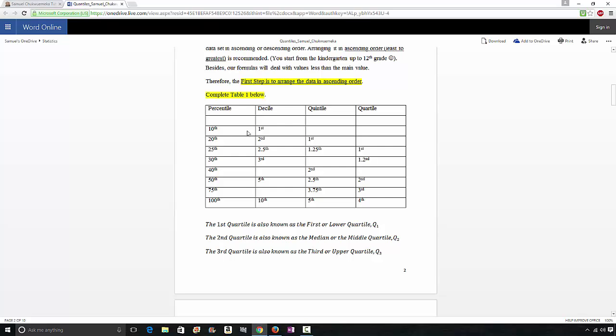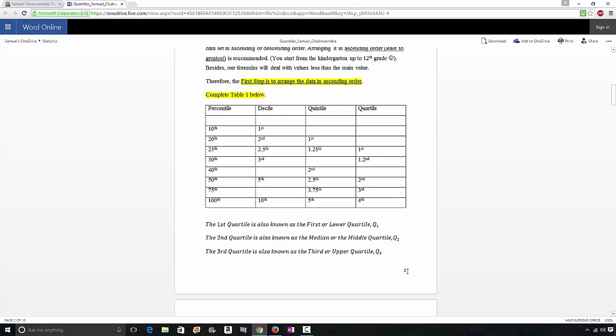When we talk of the 10th percentile, we see that percentile is dividing a data set into 100 equal groups. The first group will contain 1%, second group 2%, third group 3%, because it's 100 equal groups. With decile, you talk of dividing the data set into 10 equal groups.